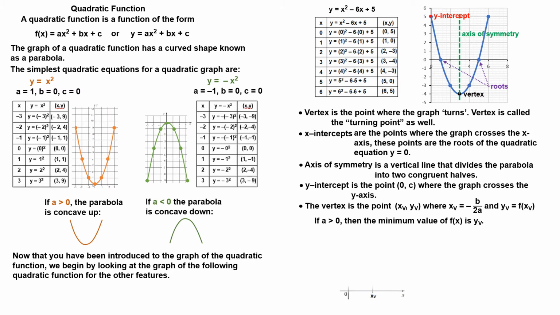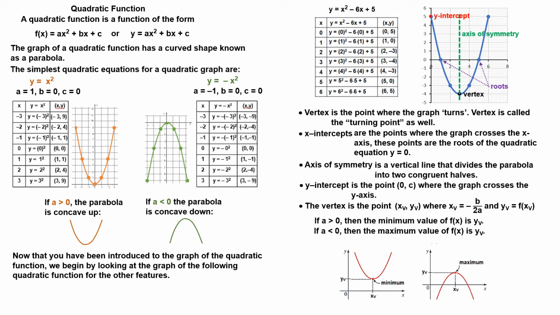If the graph opens upwards, the y-coordinate of the vertex is the minimum value of the function. If a is negative, then the maximum value of f of x is y-coordinate of the vertex. If the graph opens downwards, the y-coordinate of the vertex is the maximum value of the function. Now look at the graph above.